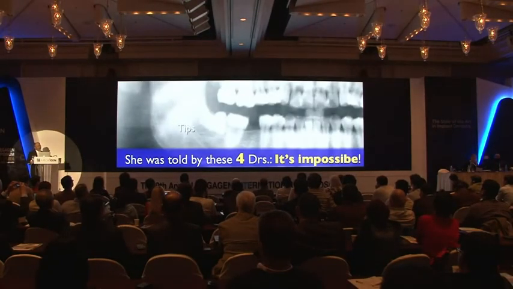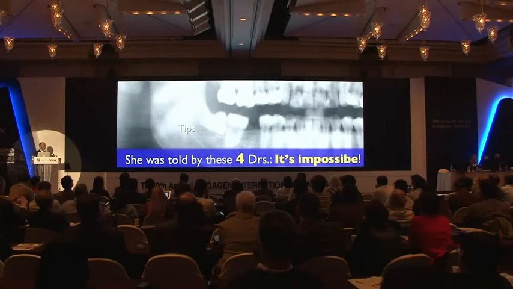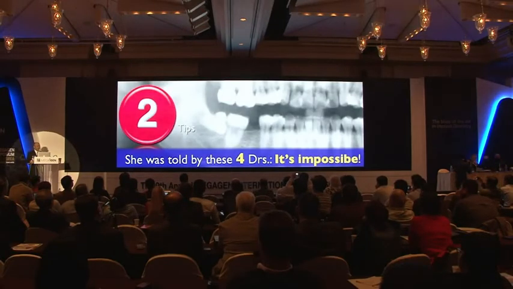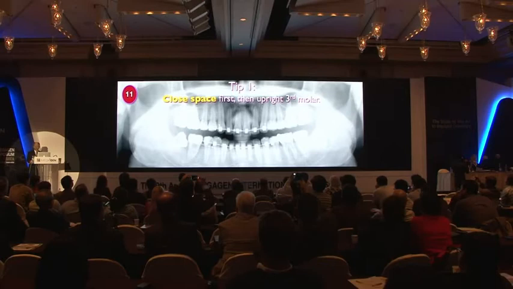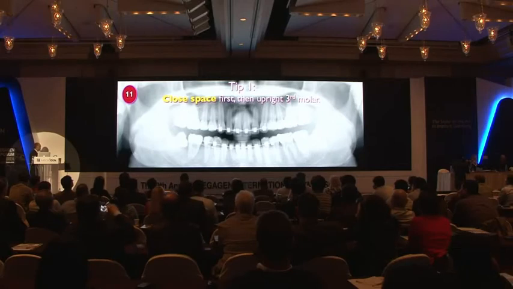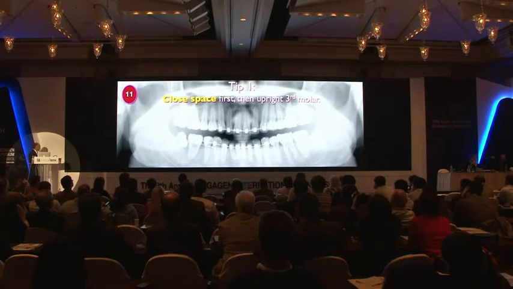So we go ahead, want to find out how to treat it. And there are 2 tips to do that. Number 1, you close the space first. After you close the space, the third molar will automatically upright. And after that, you'll be able to put your bracket right there.